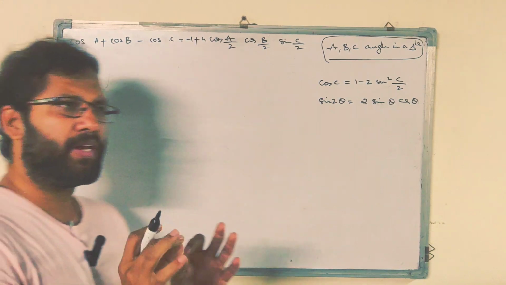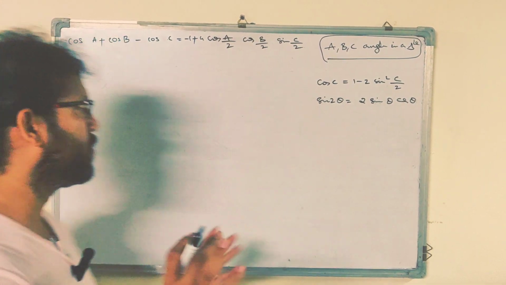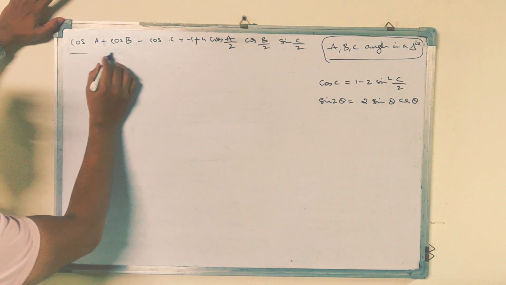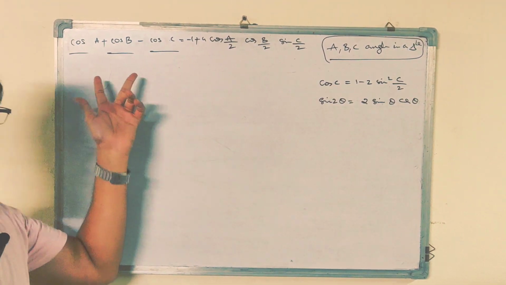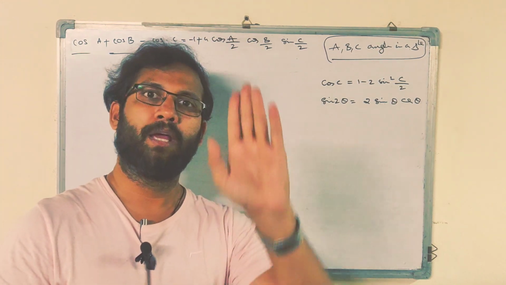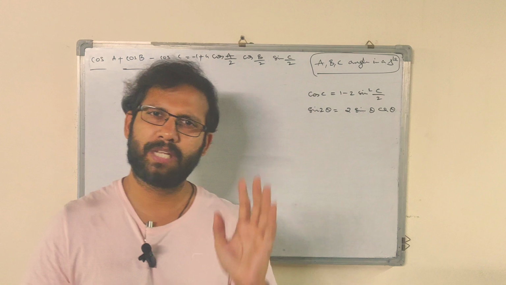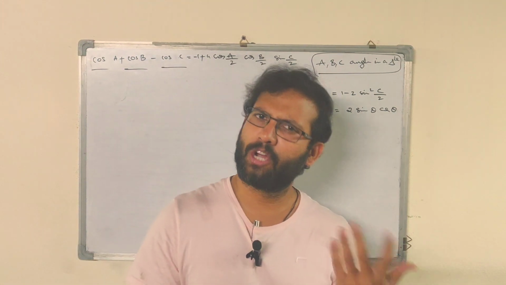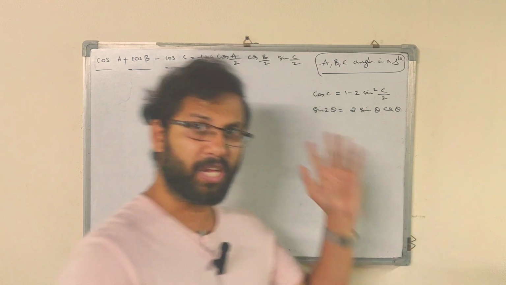I'll give you a very simple tip for solving this type of problems. We will have three terms here. For the first two terms, you have to apply four formulas: cos C plus cos D, sin C plus sin D, cos C minus cos D. Any one of the formulas you should be using here.